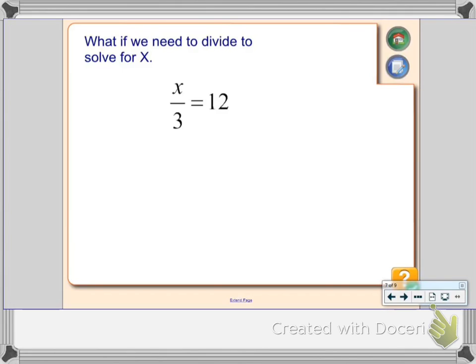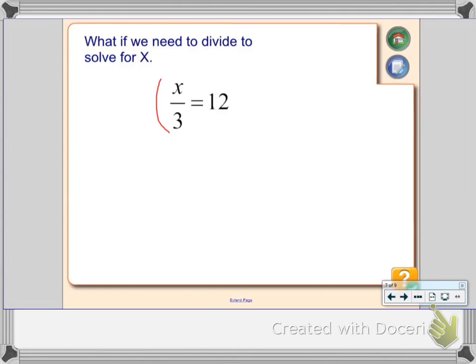So let's look at what happens when we have to use division. As you know, we've talked about it a lot. A fraction is just another way to write a division problem. So here I have x, some number, being divided by 3, which gives me 12. In order to solve this, I need to use the opposite operation. The opposite of division is multiplication.